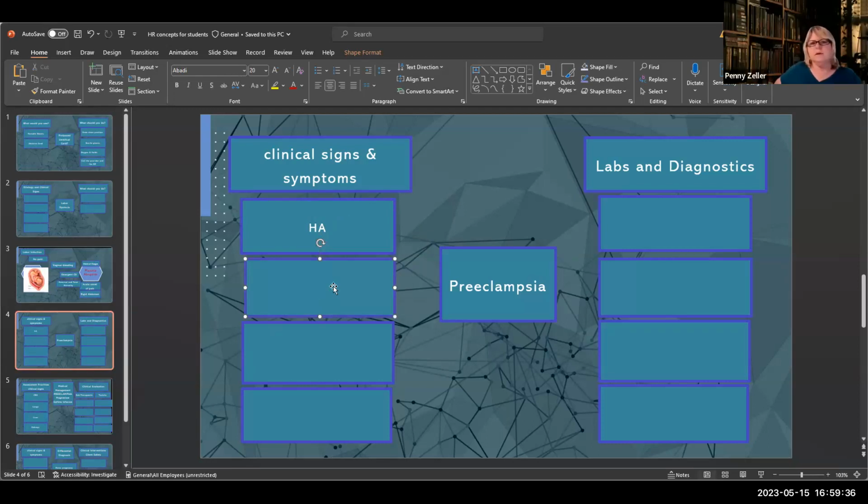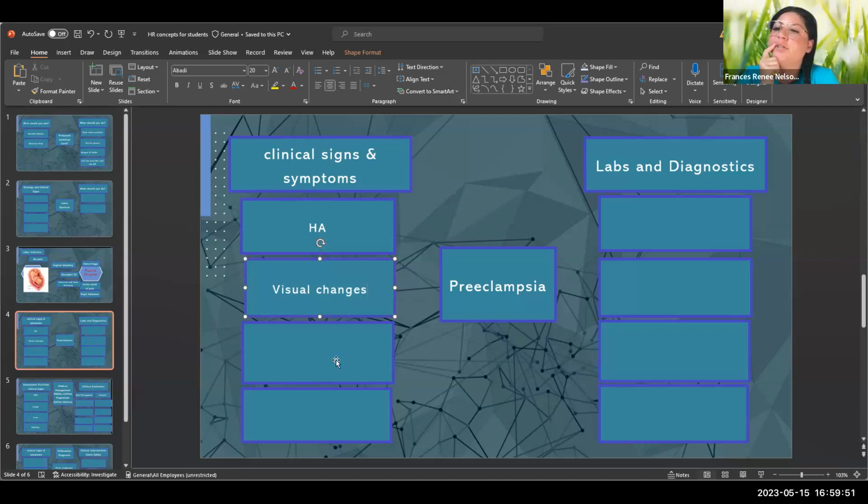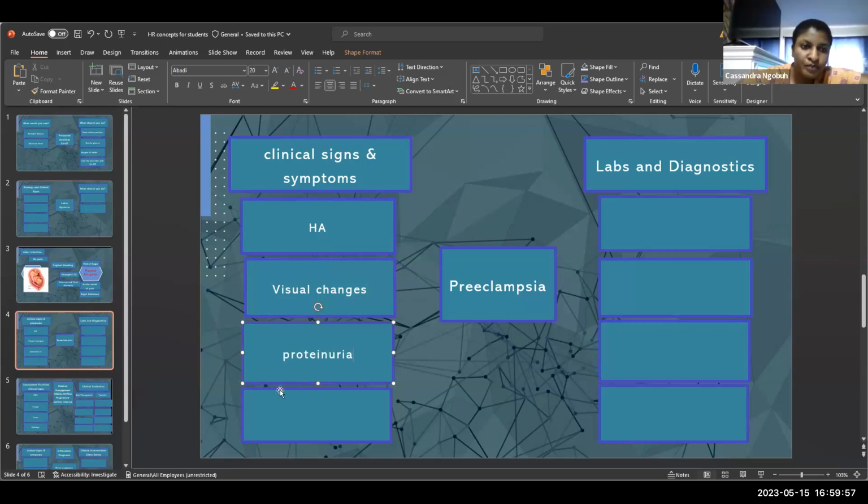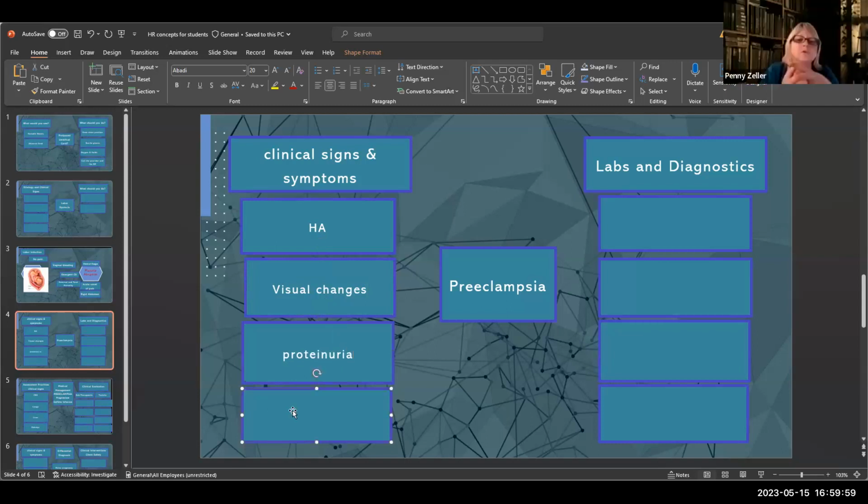That would be visual changes, like seeing spots or stars. Blurred vision is more of a toxicity sign. What else? Protein in the urine. All right. So those are the major and most common: headaches, protein in the urine, and visual changes.